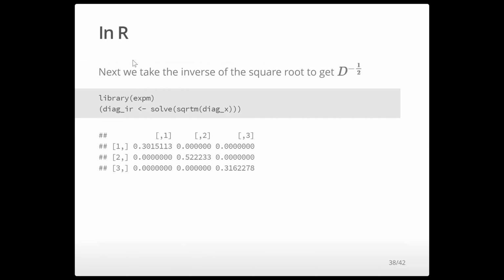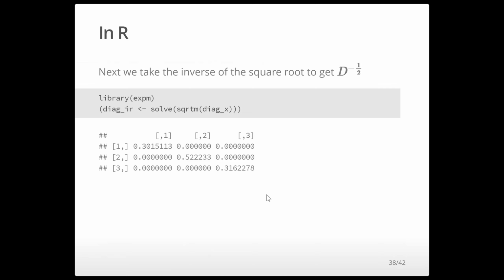And then we're going to take the inverse of the square root. So we take the square root of diag x, and we take the inverse. In principle, we don't have to use the matrix operations for this, because it's a diagonal matrix with zeros off the diagonal, but it's convenient to keep doing it to be consistent with our matrix functions. So I'm using the matrix square root, sqrtm, and solve, and we get our inverse square root diagonal matrix.